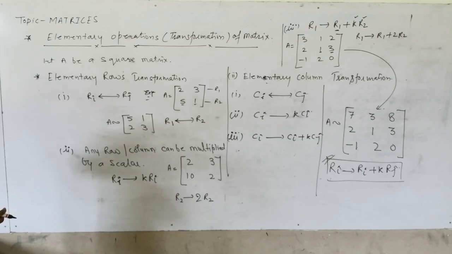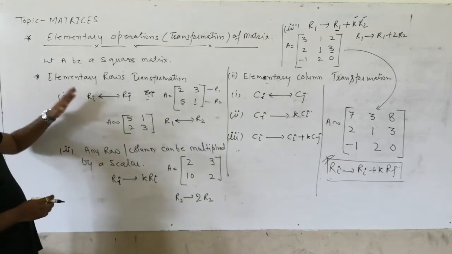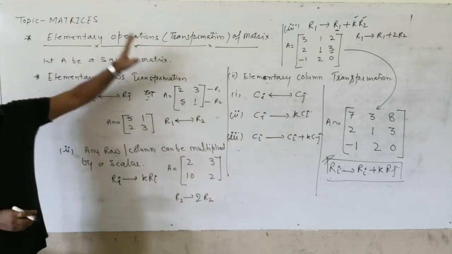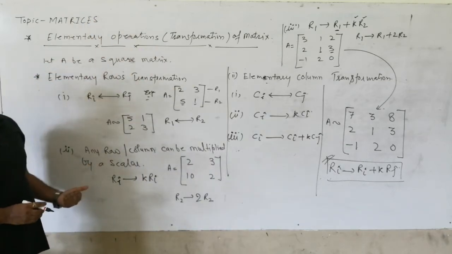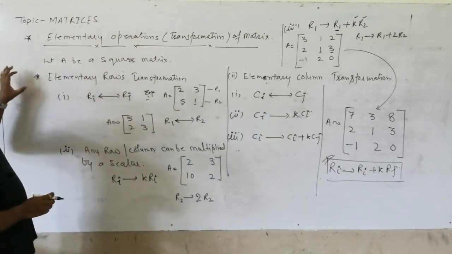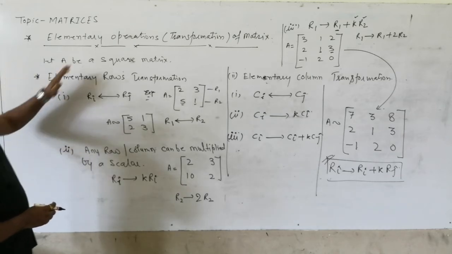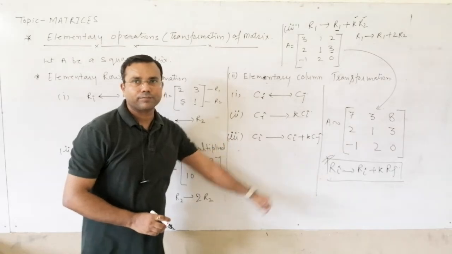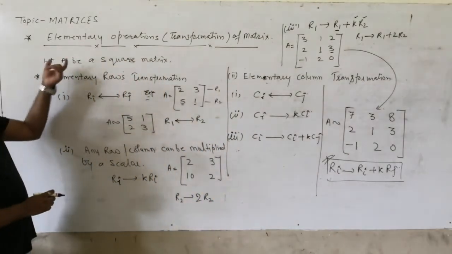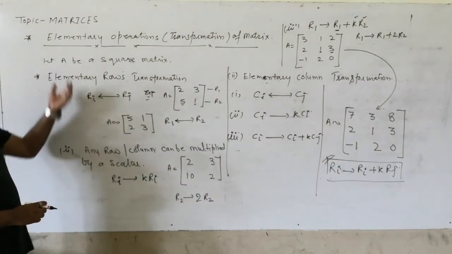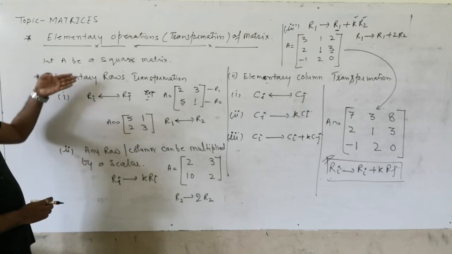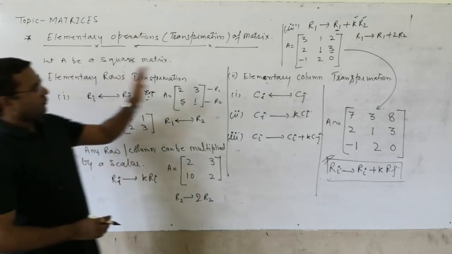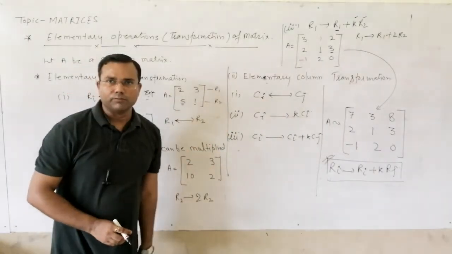Now try to listen again. I am explaining again so that you can understand better. There are a total of 6 operations, divided into 3 row operations and 3 column operations. And one more thing, as you apply a row operation, the same operation can be applied for the column also.